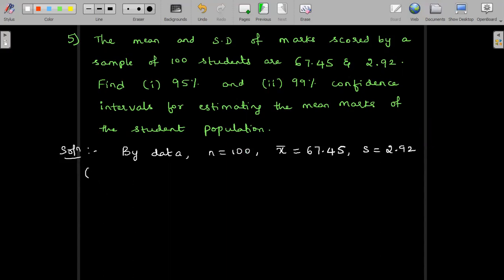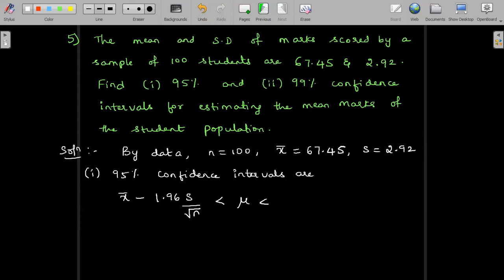The first part of the problem is to find 95% confidence intervals. 95% confidence intervals are x bar minus 1.96 into S divided by square root of n, less than mu, means mu is lying between these, x bar plus 1.96 into S divided by square root of n. So let us substitute x bar, S and n.